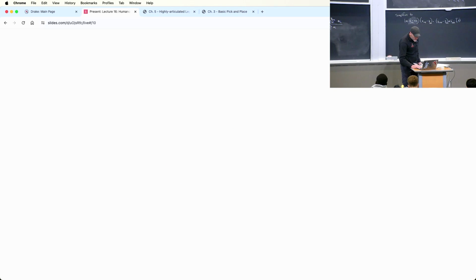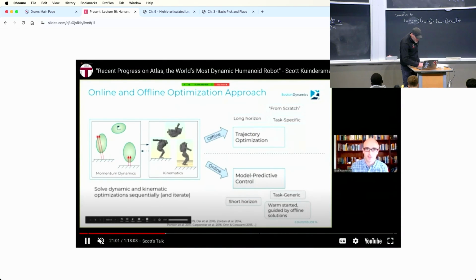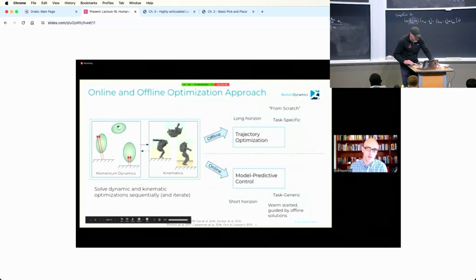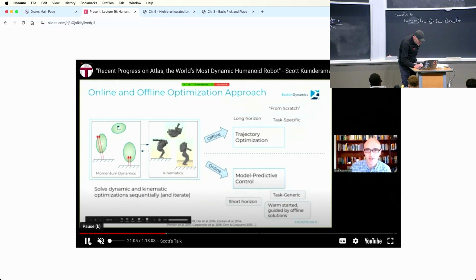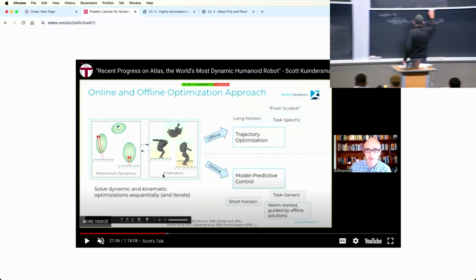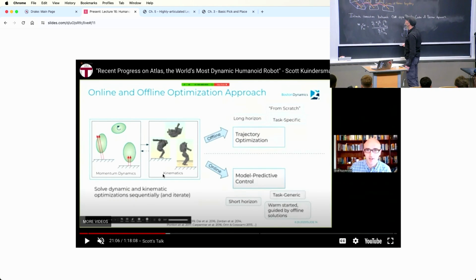Okay, so let's check this out. Let's look at a couple of the humanoids that are out there now. This is a couple of years old now, Scott talking about optimization and control. They talk about the momentum dynamics, that's our L dot, and that's our center of mass plus centroidal momentum dynamics, plus full kinematics. What people have increasingly done is write optimizations that merge those two.